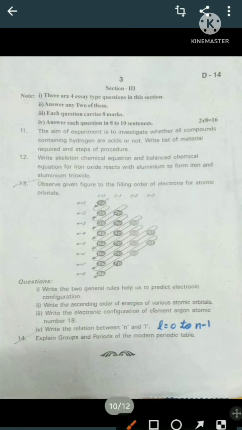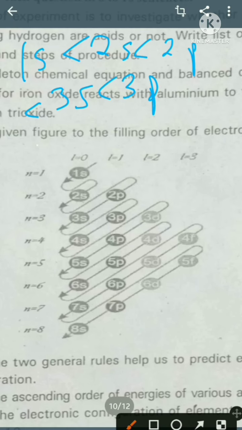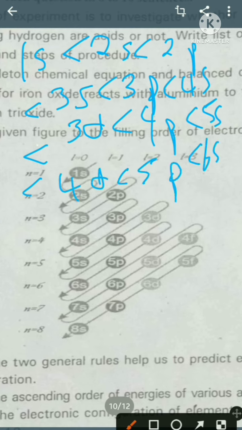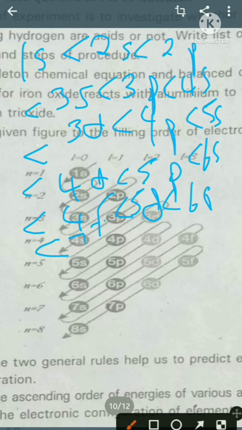I'll write and show you again: 1s less than 2s less than 2p less than 3s less than 3p less than 4s less than 3d less than 4p less than 5s less than 4d less than 5p less than 6s less than 4f less than 5d less than 6p less than 7s less than 5f less than 6d less than 7p less than 8s.